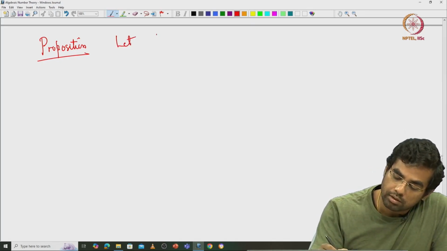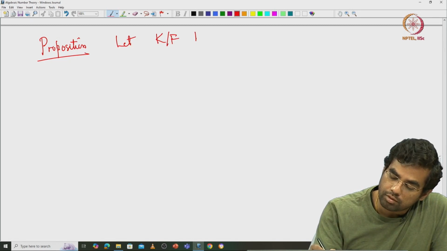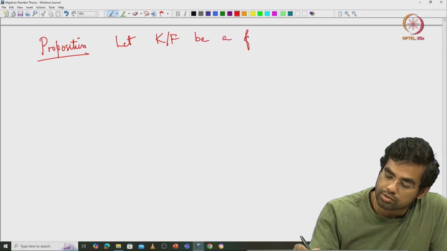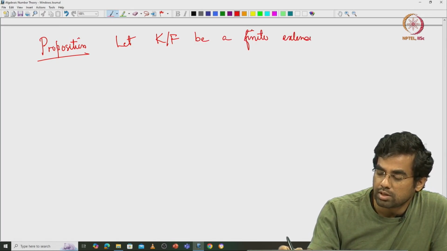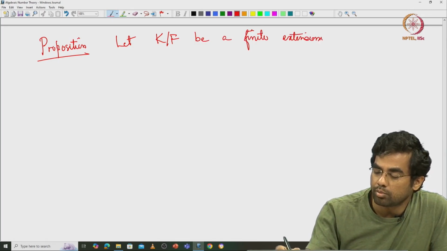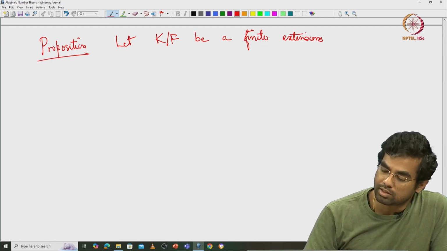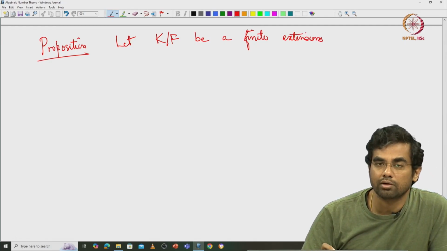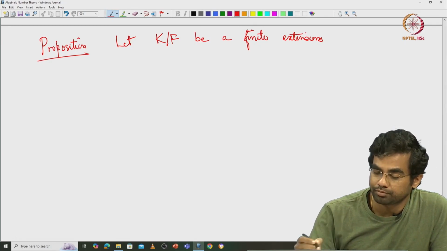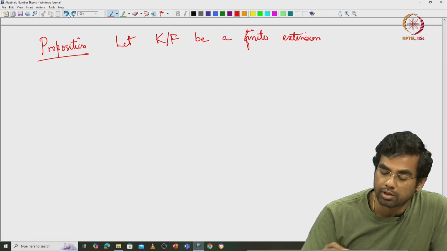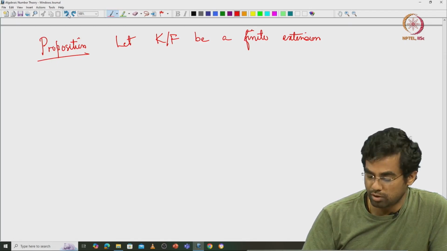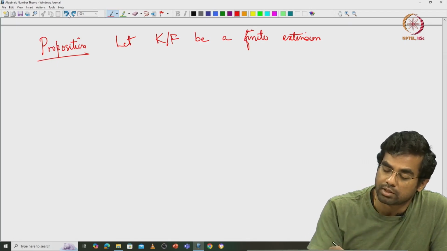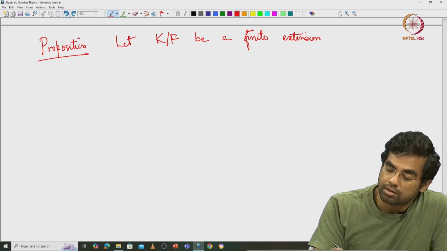So, let K over F be a finite extension of number fields. Since they are both number fields, I do not really need to say that it is finite extensions. Both K and F will be number fields. So, they will be finite extensions of Q, and so K over F has to be finite, but nevertheless let me put that redundant word in there.